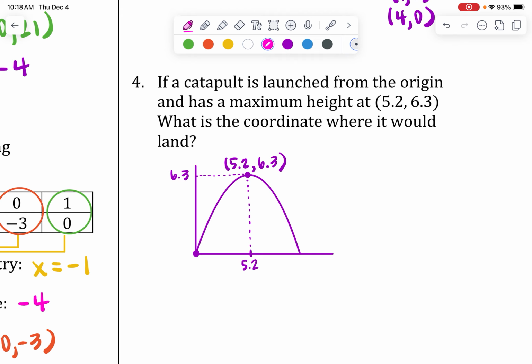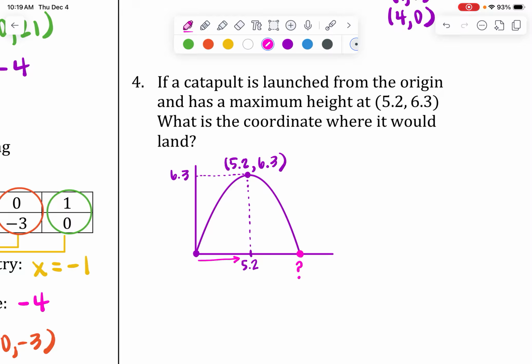They want to know what is the coordinate where it would land, right? So we're looking for this. Well, if it started at the origin and it went up to the vertex and then back down, I know that this guy is his axis of symmetry. So we'll assume it's like seconds. The object traveled 5.2 seconds, or whatever time it is, before it hit the highest peak.